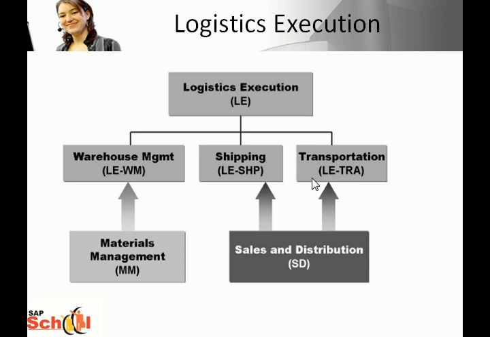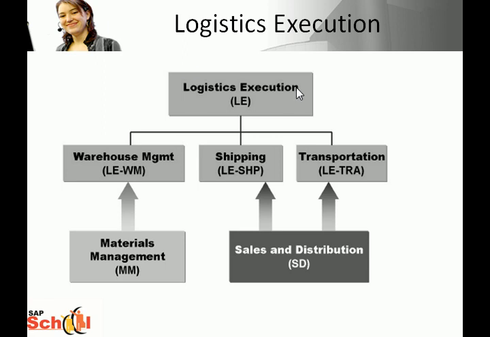Logistics execution, or LE as it is known, was introduced in the SAP R/3 4.5A system landscape, and it was used to group together and develop existing subfunctions of logistics. Initially, materials management was in control of warehouse management, and SD handled shipping and transportation.